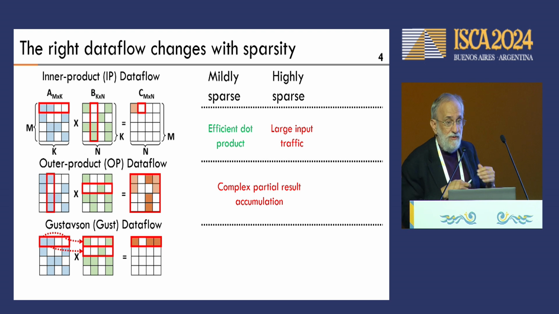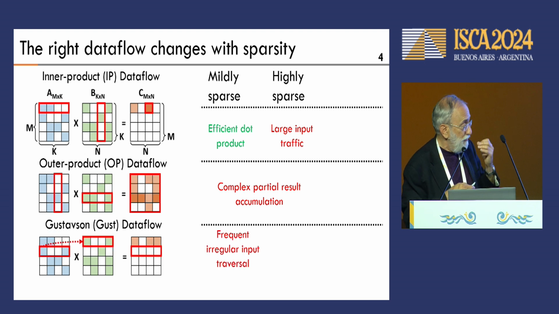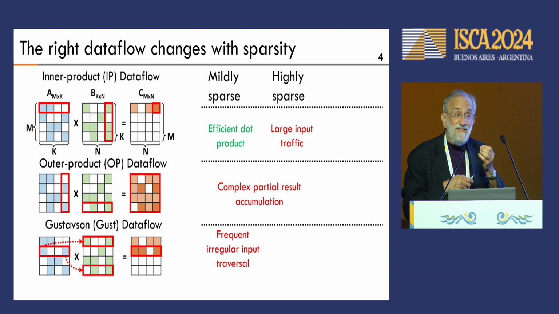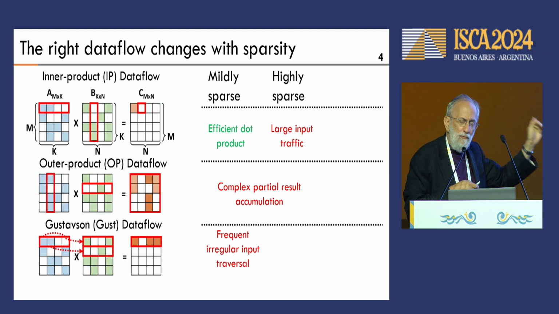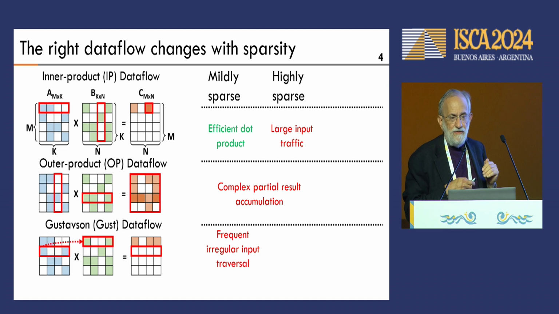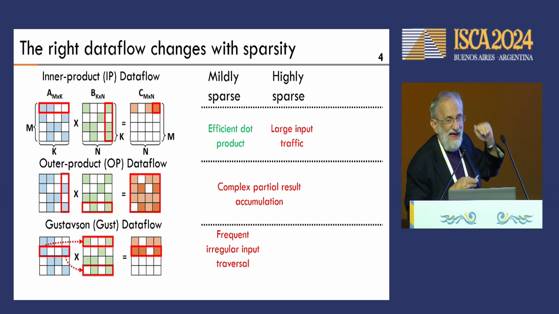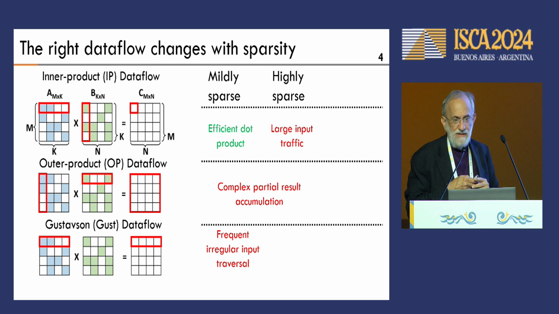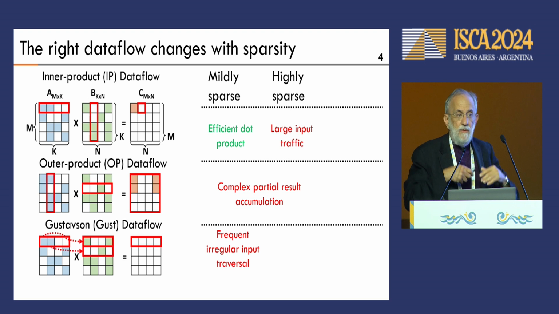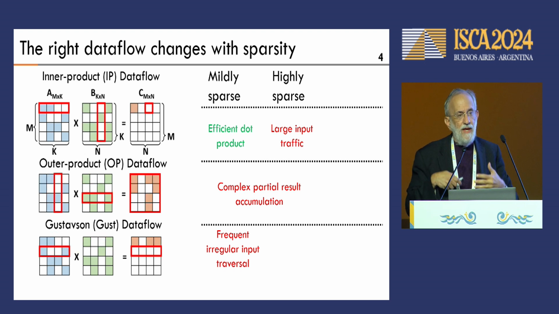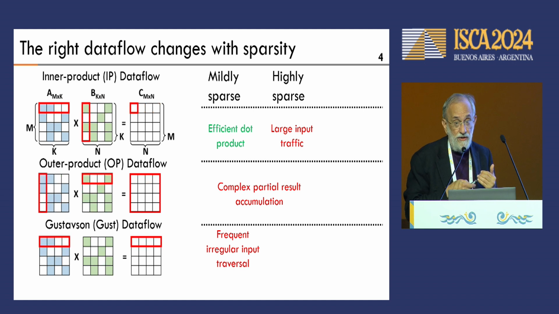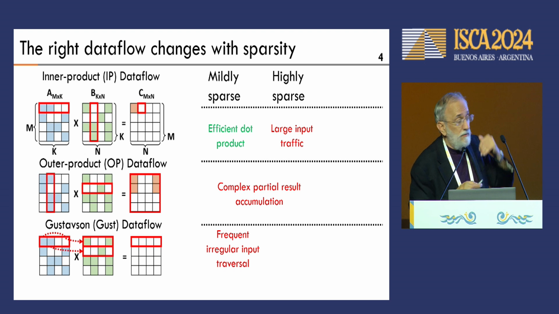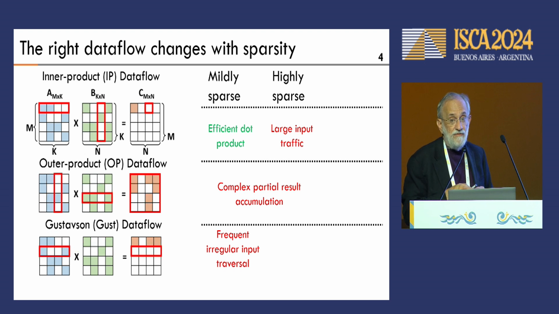This tends to be very effective for dense computations, but it tends to have very heavy memory traffic on B. So it's actually not a very good data flow for mildly sparse computations.